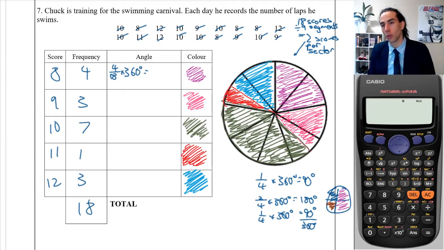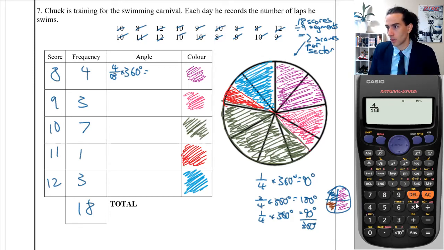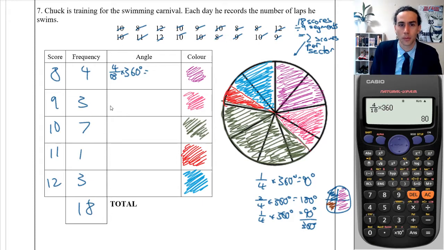But what you're meant to do when you do this is 4 times 18 times 3, 4 of 18, and you're meant to find the angle. 18, 20, 80. So each score gives you 20 degrees. So that'll be 60. How to get that? 360 divided by 18 is 20.